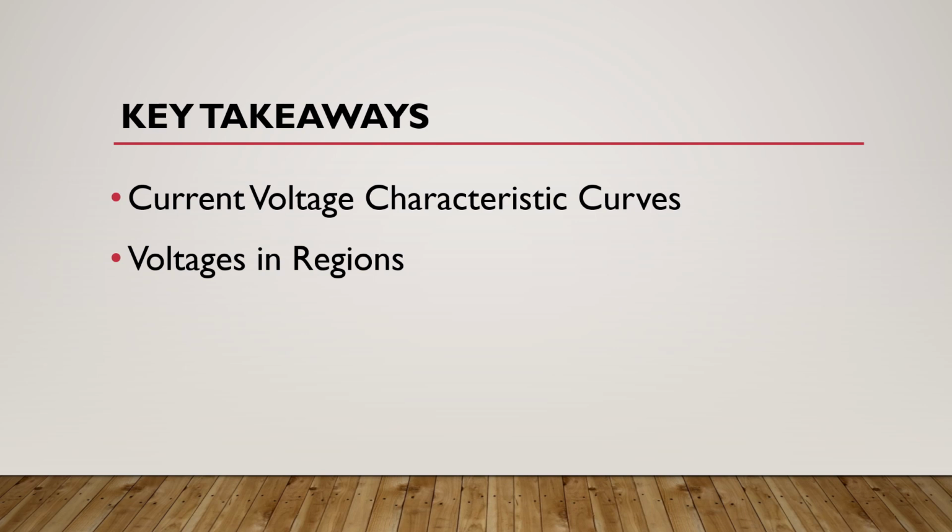In this lecture, you understood voltages in all these three regions. You also studied about currents in all these three regions of MOSFETs. In this lecture, you also solved some examples related to MOSFETs.